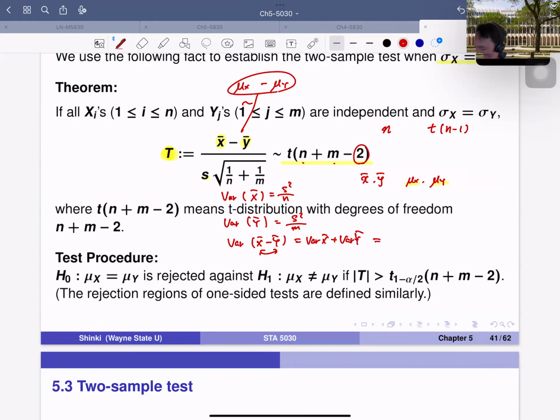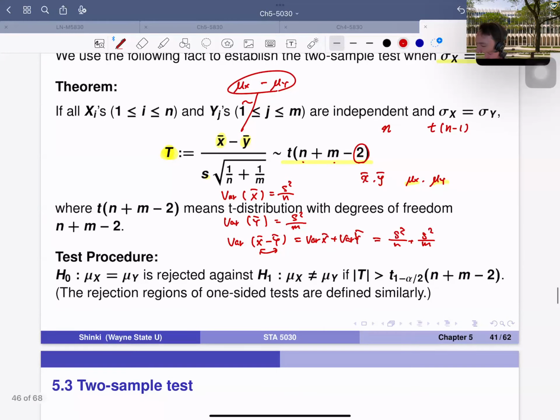So that is equal to s squared over n plus s squared over m. To calculate the standard deviation, we take the square root. So the standard deviation of x bar minus y bar is s times the square root of 1 over n plus 1 over m.